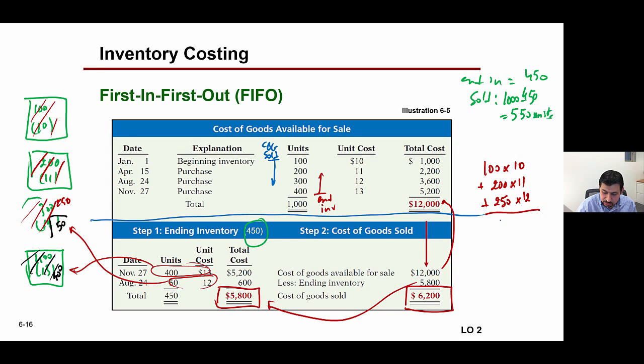That would give us 6,200. This is the cost of goods sold. This is when you are asked to calculate it directly. But whenever you are asked to calculate the cost of goods sold, always calculate the ending inventory first and then subtract it from the cost of goods available for sale.